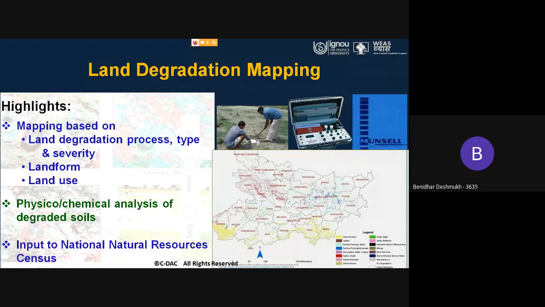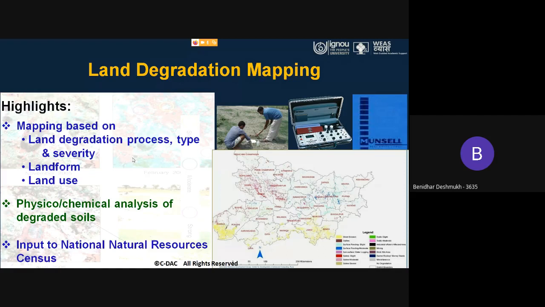I think every 5 years they are mapped for the entire India. So this map was prepared around 2009-10. I was also part of this project wherein we did mapping of this land degradation of Bihar, the entire Bihar state.